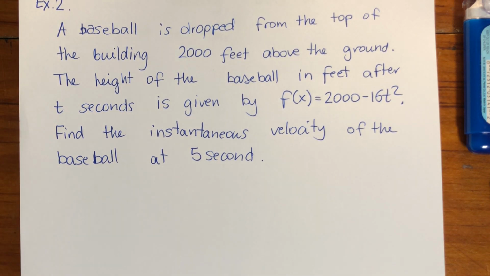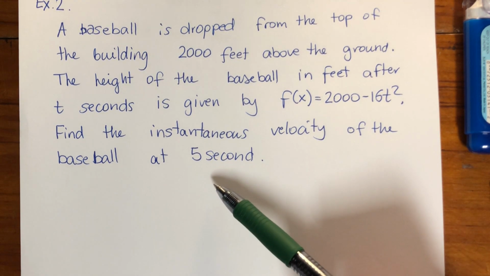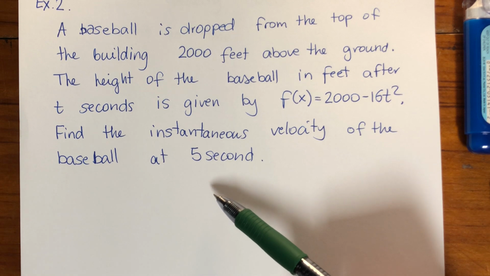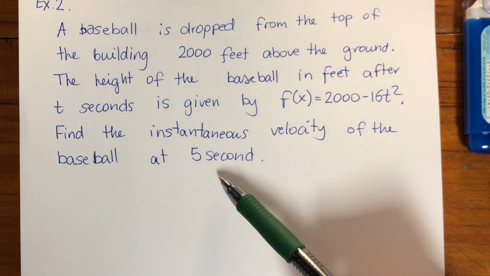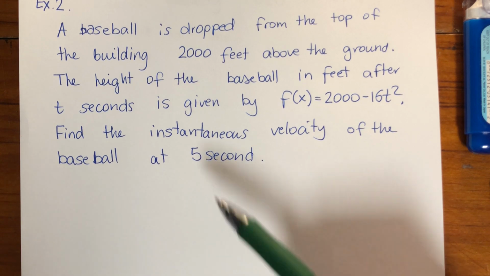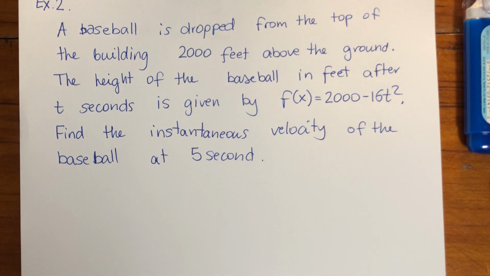Well, let's see. So we are not writing a formula. This is actually going to be like the second type of the problems on yesterday's homework. So we are checking at the specific mark of 5 seconds. So let's see what this is going to bring us. What I am going to do is start with the formula.